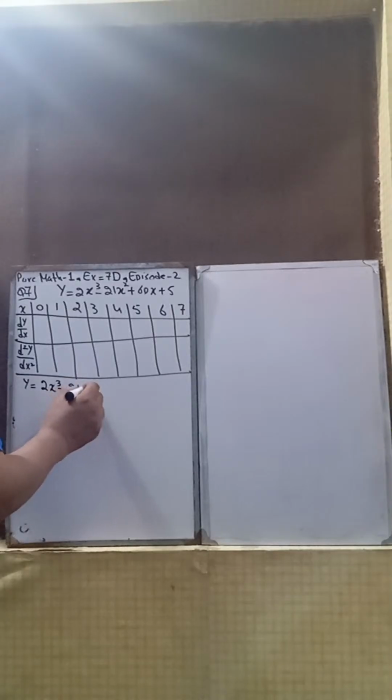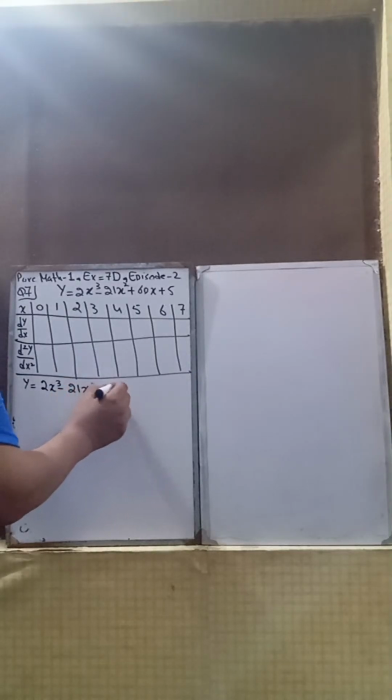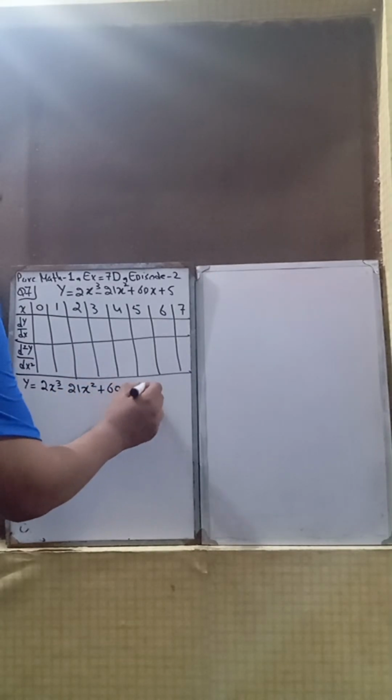First of all, I'm going to find the first derivative. So y is equal to 2x cube minus 21x square plus 60x plus 5.